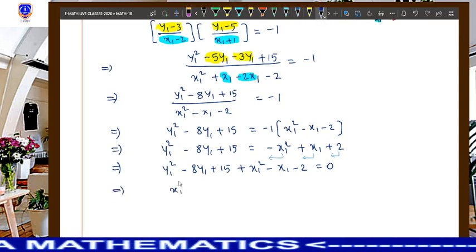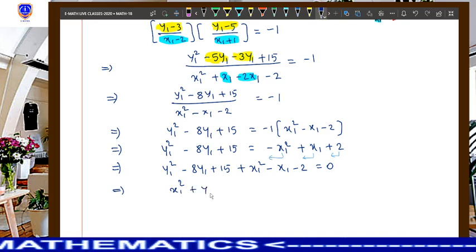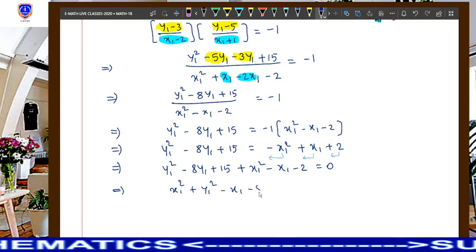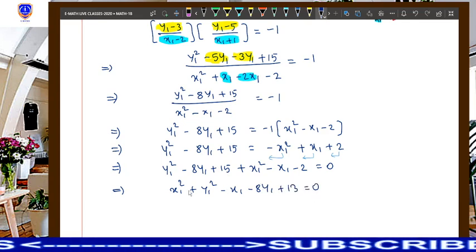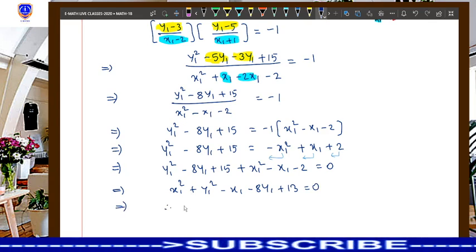Now x1 square plus y1 square minus x1 minus 8y1, 15 minus 2, which is 13, equal to 0. Therefore, this is the required locus. Write down the final step.